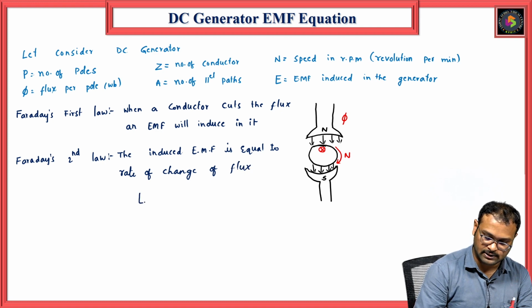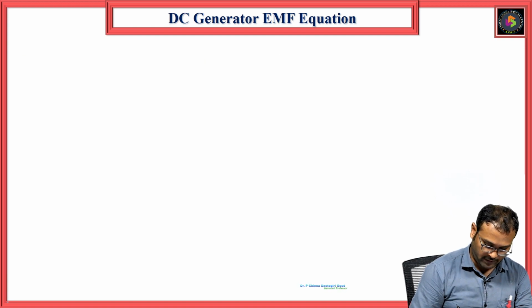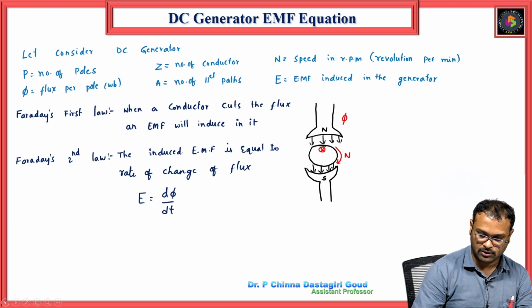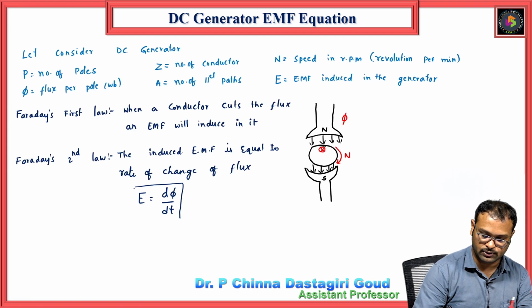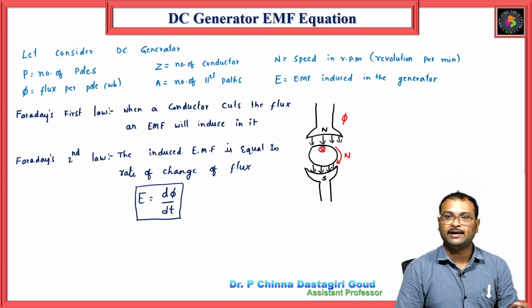So mathematically, E is equal to d phi by dt. So this is the EMF induced according to Faraday's law.